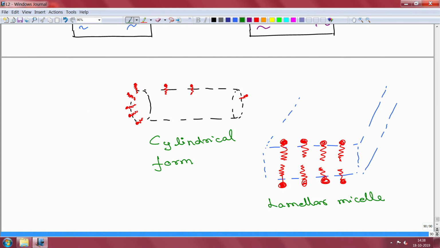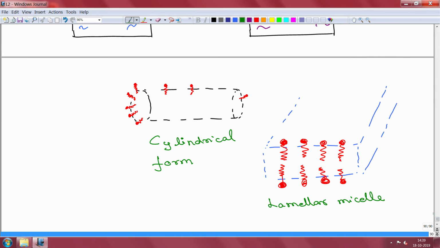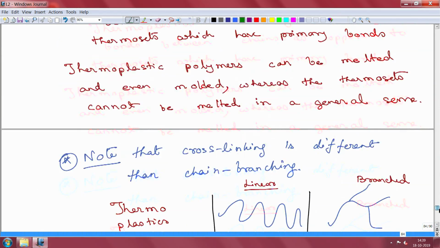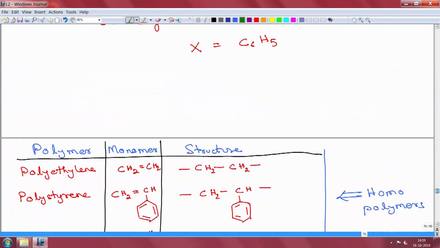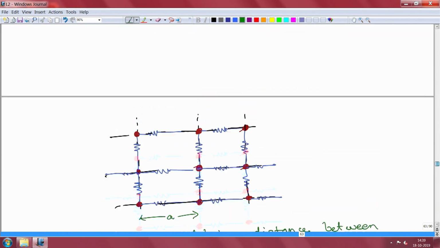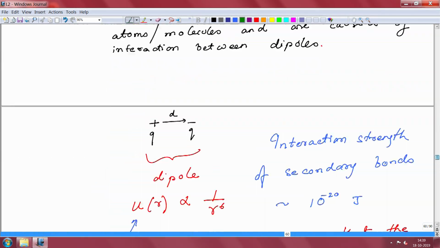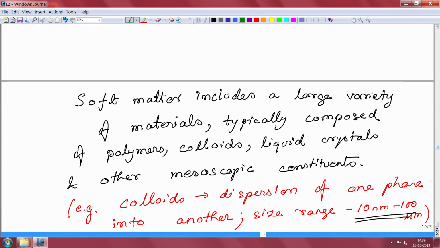Surfactants do fall under the category of colloids, and as we had discussed, remember, let me quickly try to find it in the definition of colloids. Right.